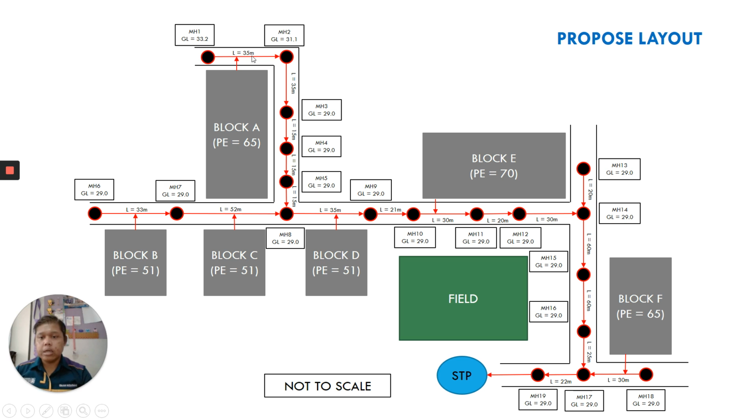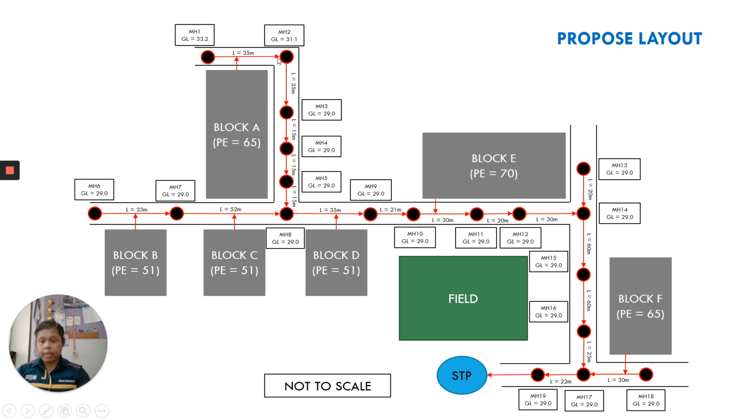In my case here, the load from this building will transfer to this line only. So the main discharge from this building is only to manhole 1 and manhole 2. Then the other one is just accumulative from manhole 1 to manhole 2.